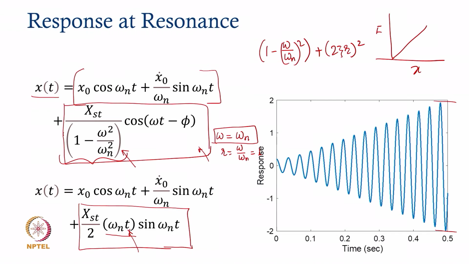So in realistic systems, once the amplitude crosses a certain level, the linear relationship between the restoring force and the displacement is no more valid, and therefore this perpetual increase in the amplitude exists only in theoretical expressions. In practice, the amplitudes are contained; they become finite. That is one thing, because the basic assumptions with which these expressions are derived are no more valid when the amplitude grows beyond a limit.